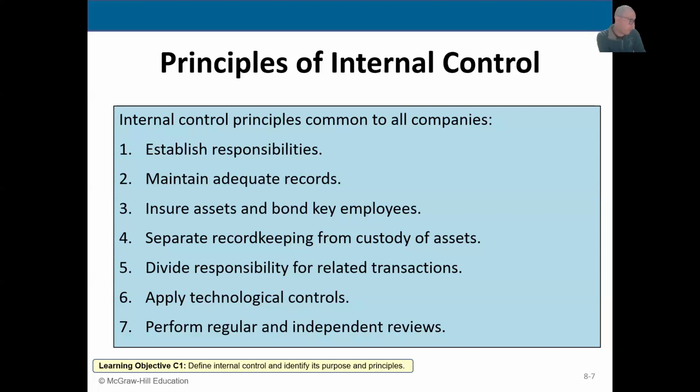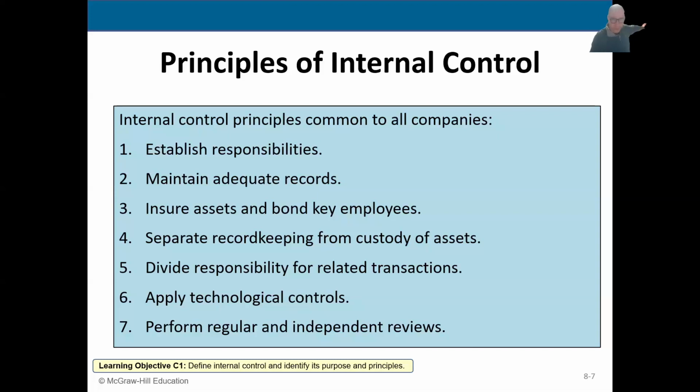Number 4, separate record keeping from the custody of assets. Here's what we mean by this. Most businesses have an accounting department or a separate office. I keep my accounting records on QuickBooks, and I keep my records separate from the cash.